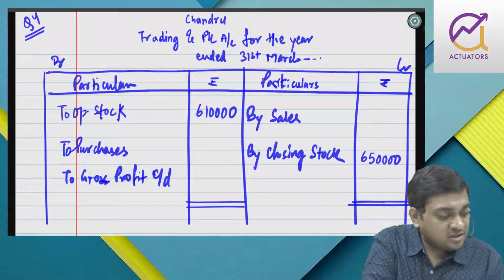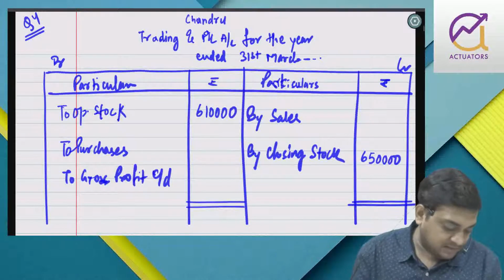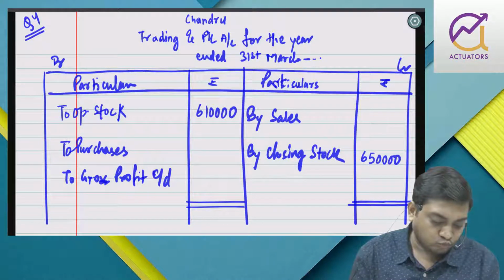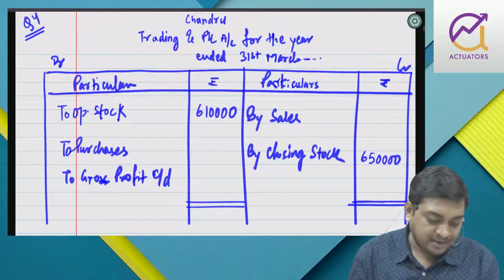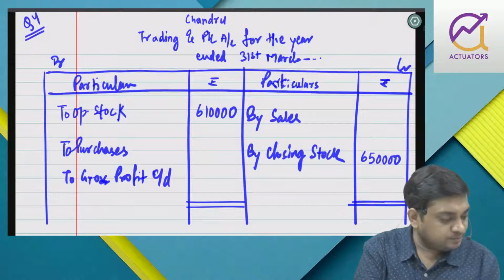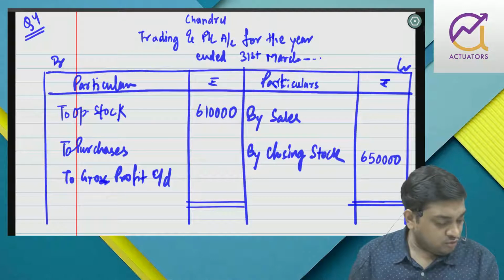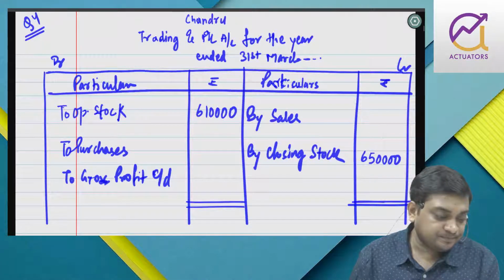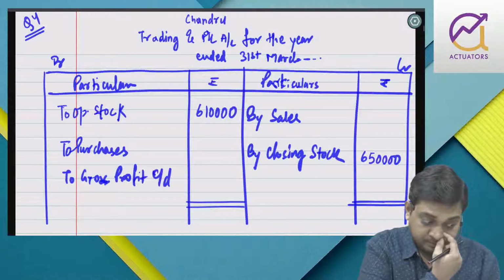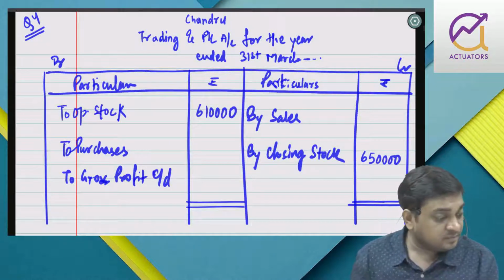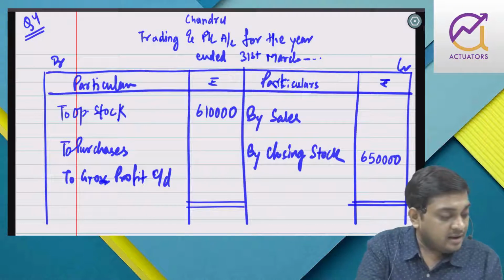Right? You know collections, you know payments. So you can prepare debtor. So from debtor, you are going to get credit sale.